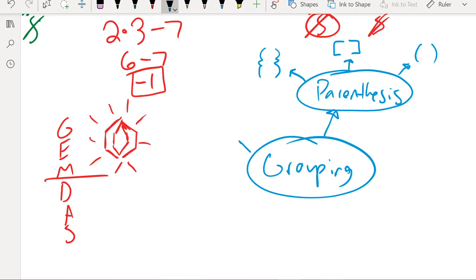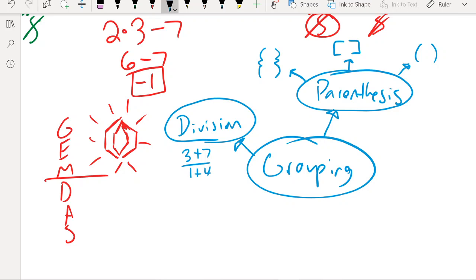So you have those. And then also, technically, division. Division is a type of grouping that you wouldn't need parentheses for. So for instance, if I said 3 plus 7 over 1 plus 4, right? I wouldn't divide 3 and 1 or 7 and 4 first.